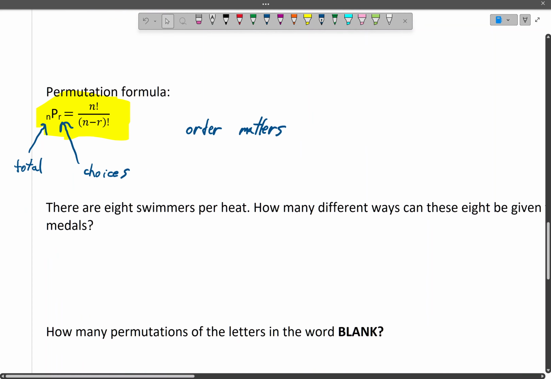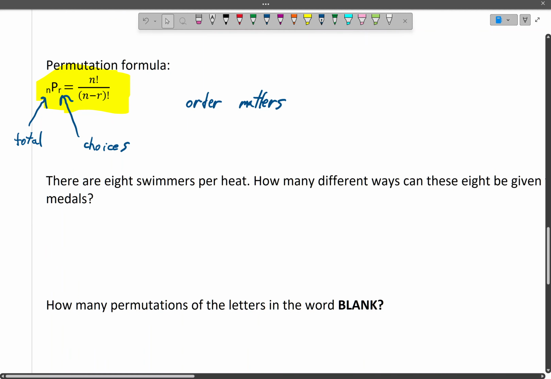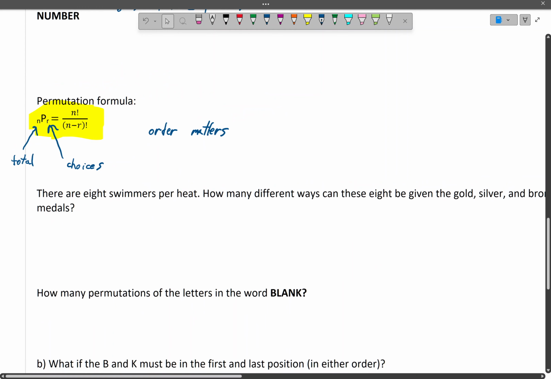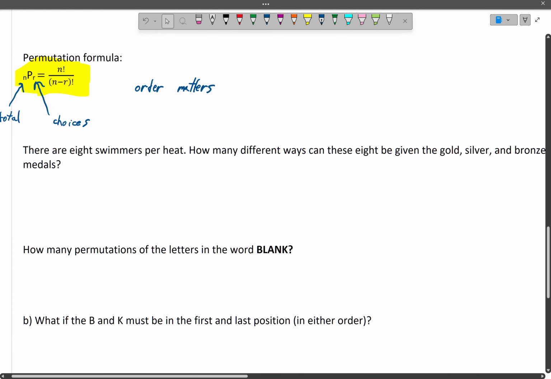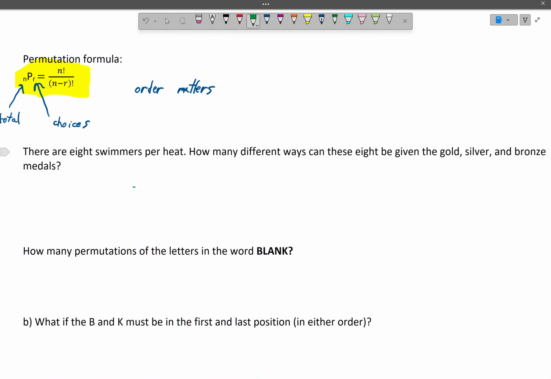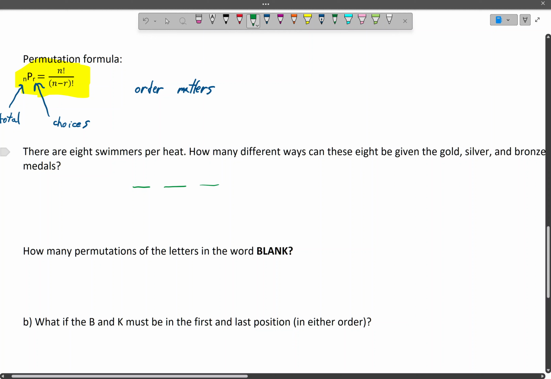Okay, so here there's a question about 8 swimmers. How many different ways can these 8 swimmers get gold, silver, and bronze medals? Well, there's 8 swimmers, which means that there are 8 people to choose for gold.